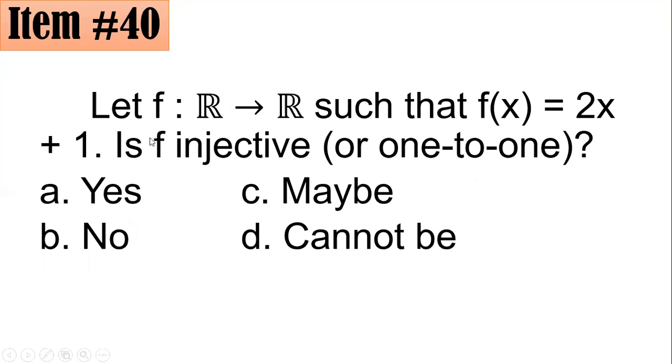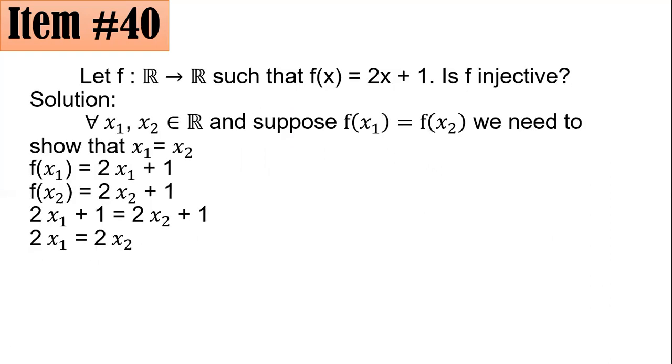Note that in this notation, the set taken from your domain is R, and this other R is your codomain. The x will be from real numbers, and the y will also be from real numbers. To establish if it is injective, by the way, the other term for injective is one-to-one. So it's like asking, is f of x equals 2x plus 1 a one-to-one function?